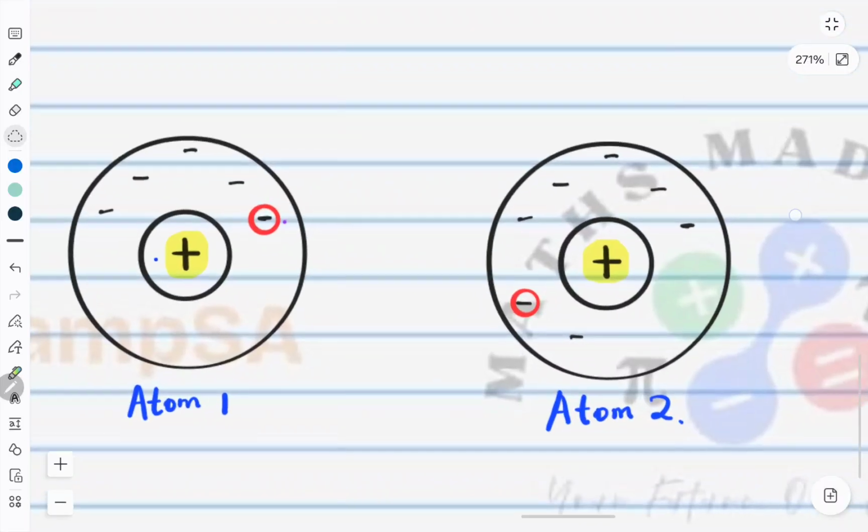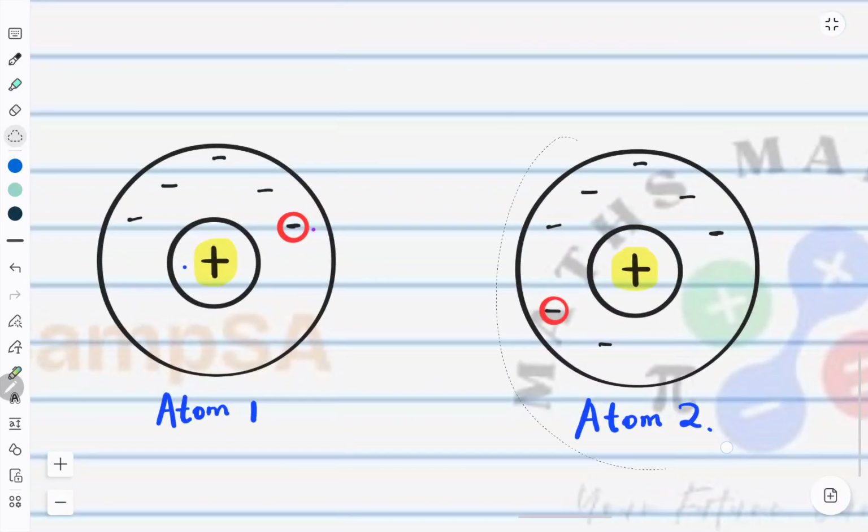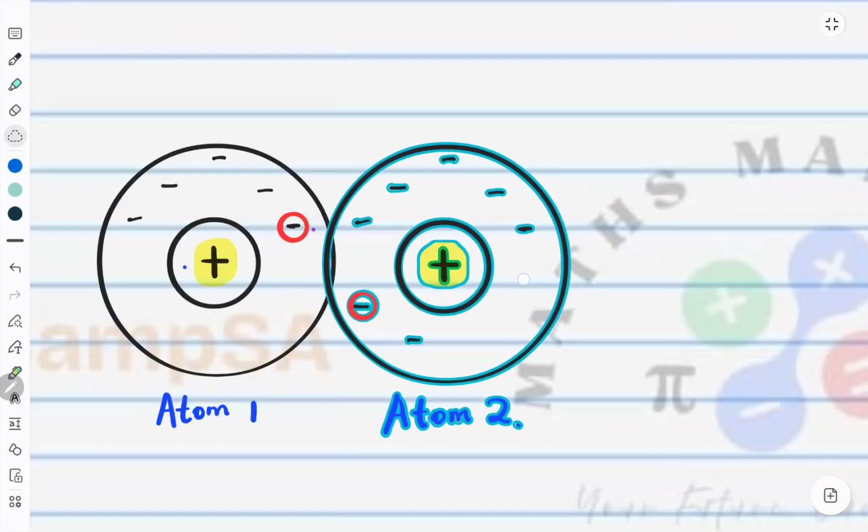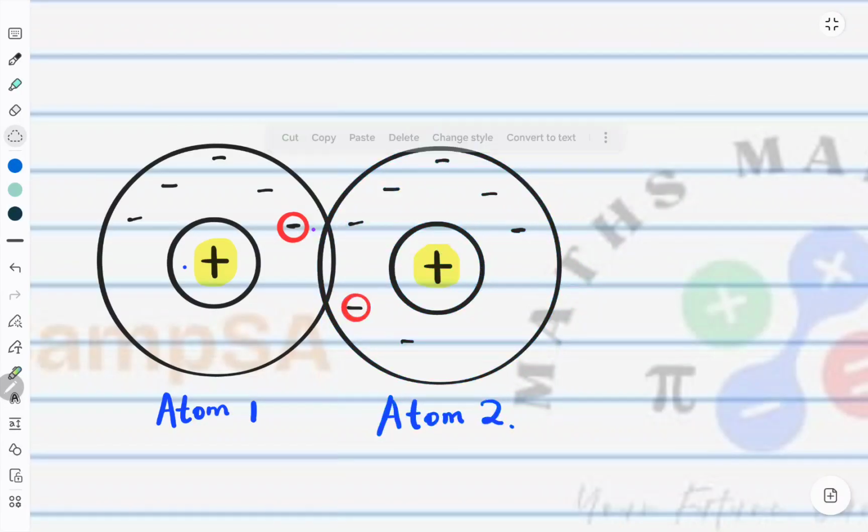Now, once these two have formed a chemical bond, boom, there they are.